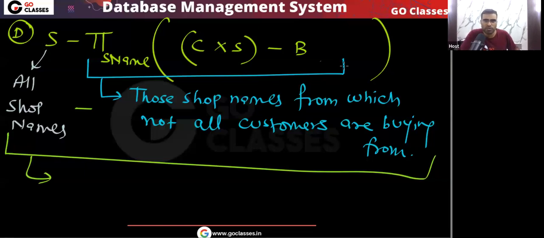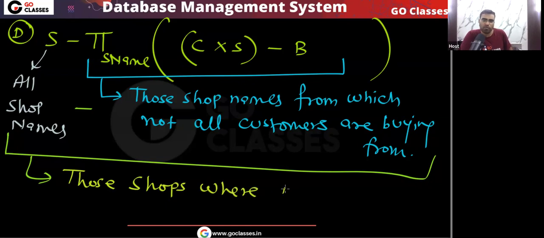From all the shops, if I remove these shops where not all customers are buying, then I will get those shops where all customers are buying. Yes or no? I will get those shops where all customers are buying from.